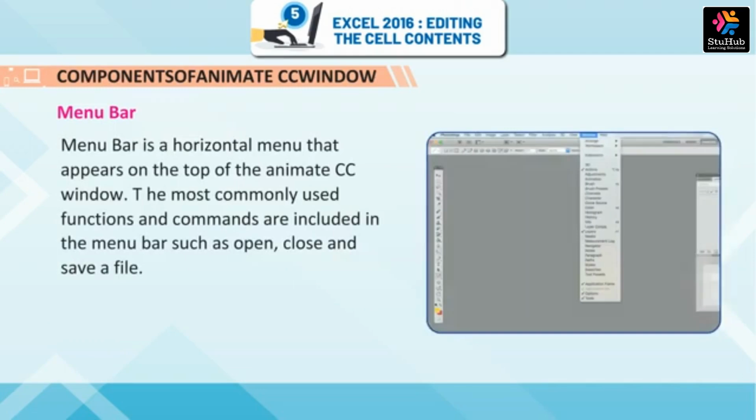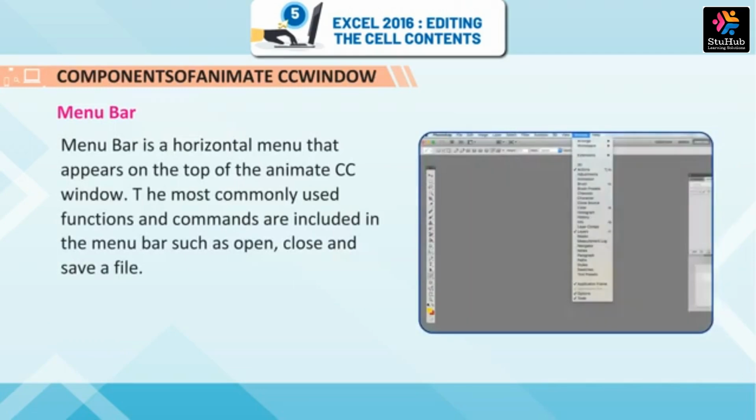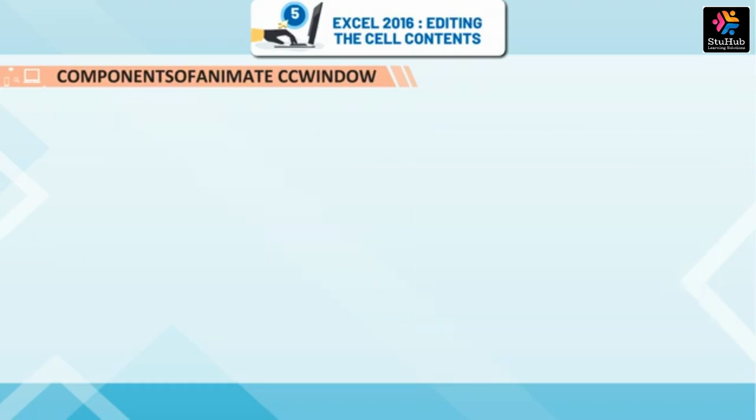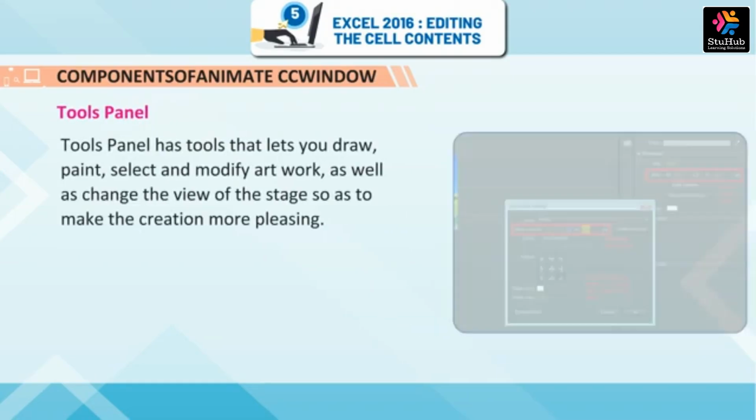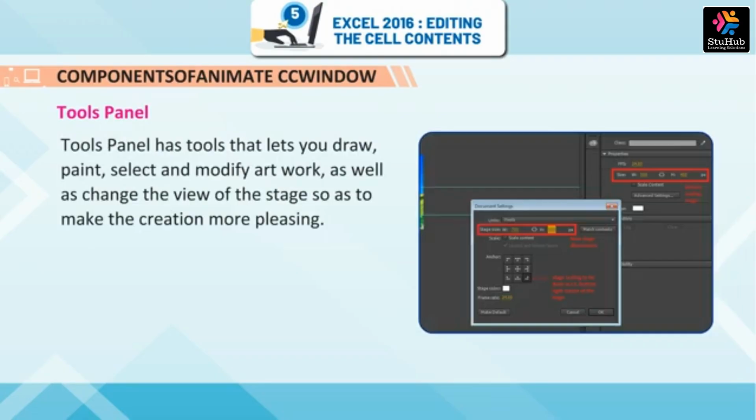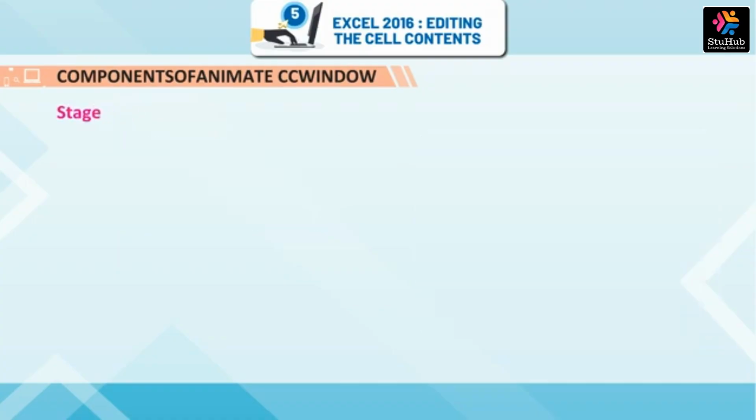Menu bar. The menu bar is a horizontal menu that appears at the top of the Animate CC window. The most commonly used functions and commands are included in the menu bar, such as open, close, and save a file. Tools panel. The Tools panel has tools that let you draw, paint, select, and modify artwork, as well as change the view of the stage so as to make the creation more pleasing.